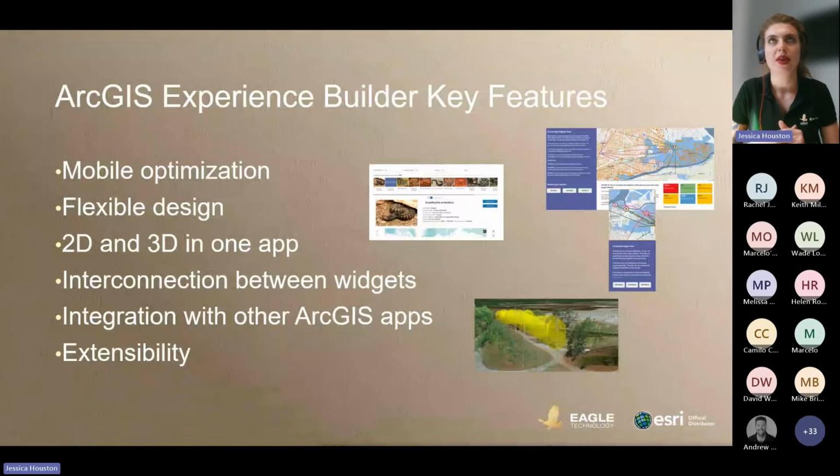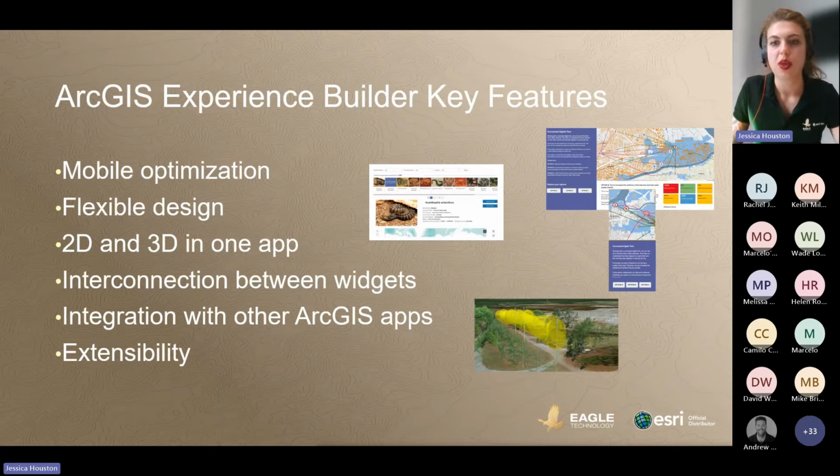So to highlight what makes Experience Builder special, we can point to a few key features, which are really the lessons that we've learned from Web AppBuilder. Those challenges in Web AppBuilder are going to be the strengths of Experience Builder. With mobile optimization, we can configure the app on mobile, tablet, and desktop separately with just one URL.